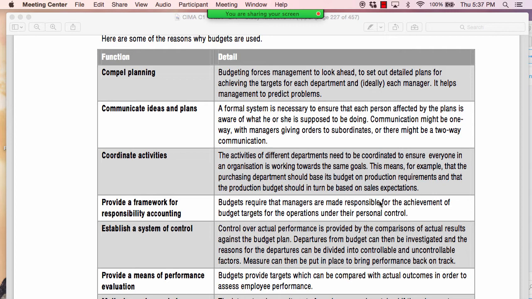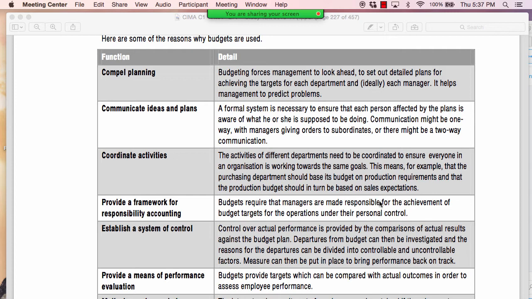Okay, and they will have a strategic plan. That means a long-term plan is there in an organization. Now, to achieve this strategic plan, you will have other objectives and goals. And a budget is another very good tool that is used to achieve these strategic plans.